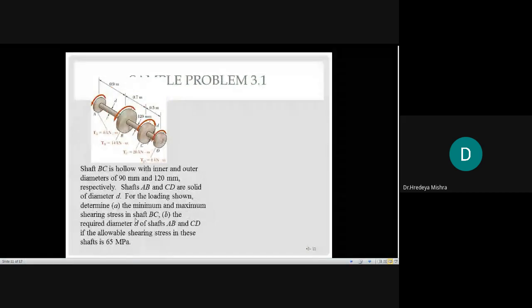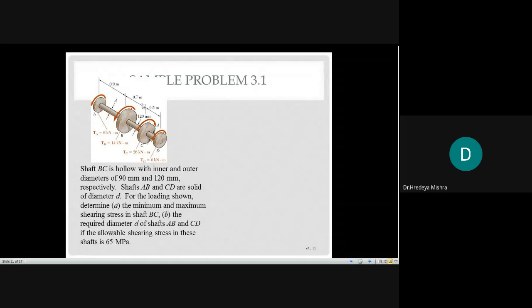Now we are going to see a torsional problem. See what happens here. There is a shaft with different diameters and different pulleys applied on it.